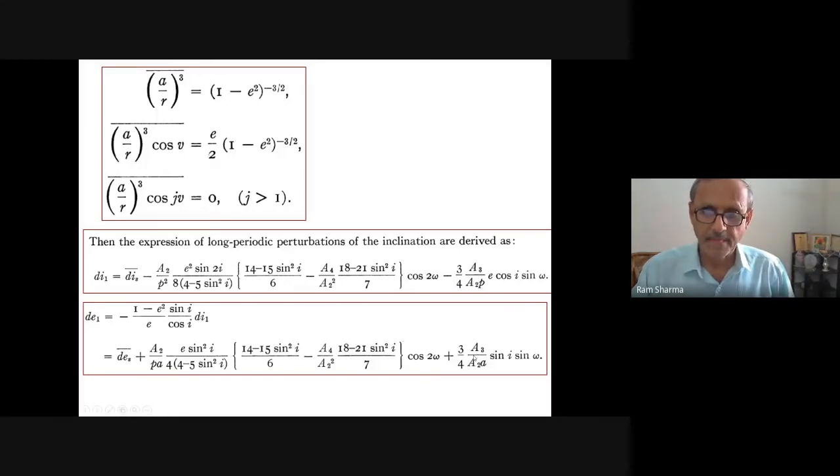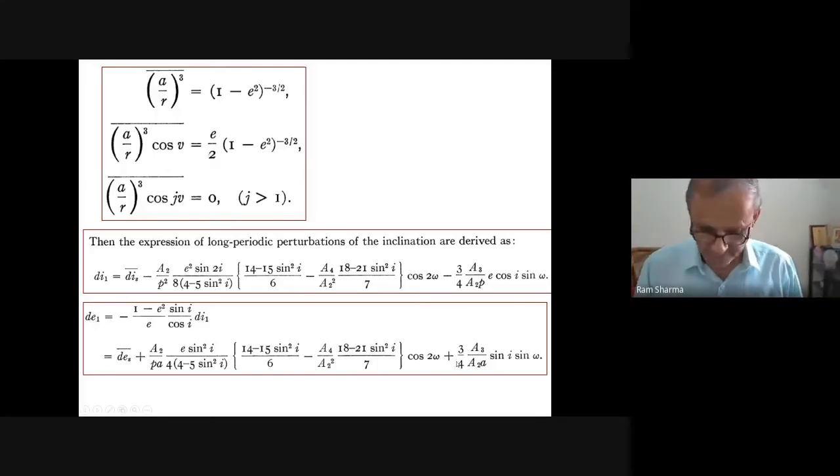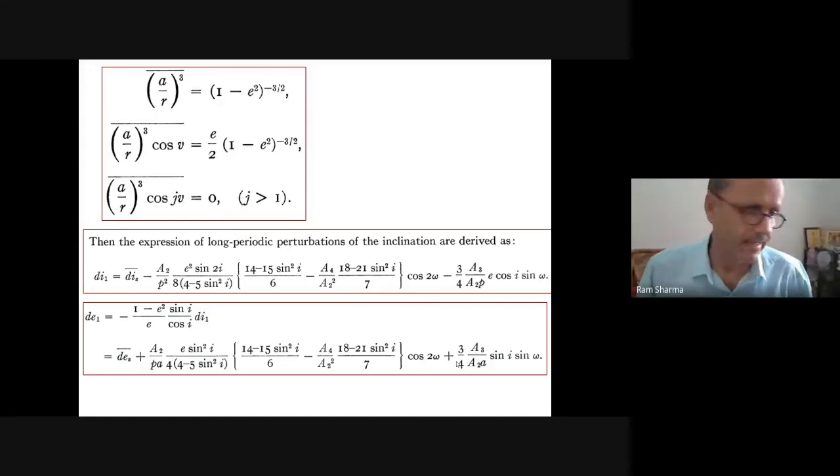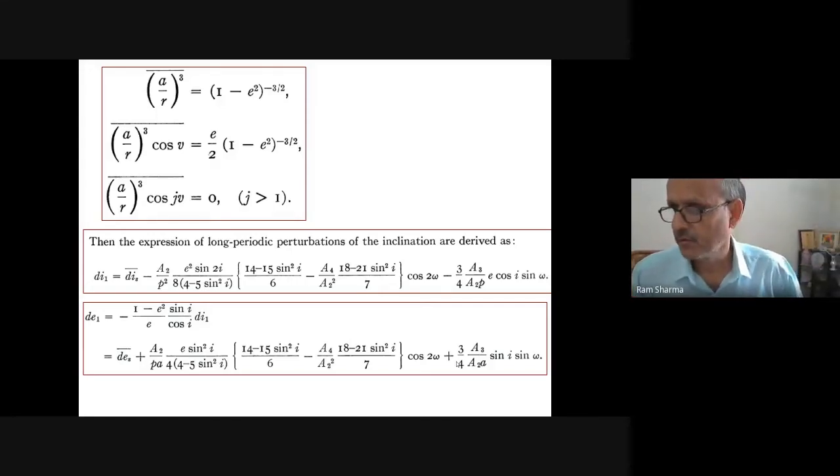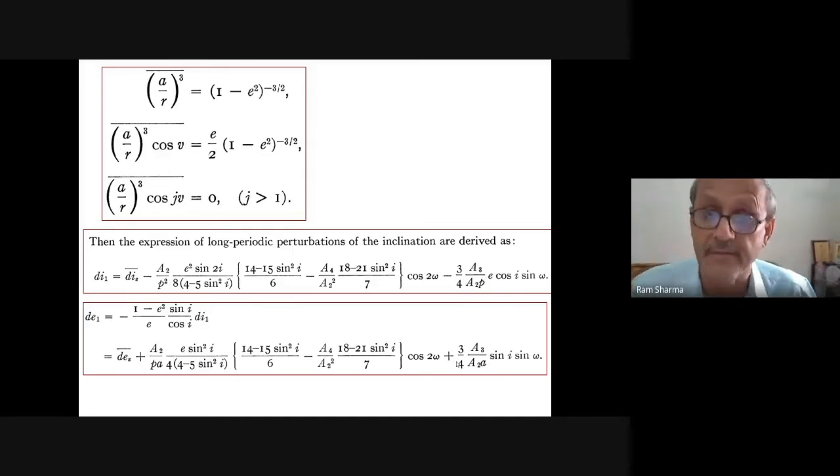You see A3. King-Hele, today only I came to know Professor King-Hele died in December 2019. Actually, I will give one more lecture where I will show his work. He did in 1958 a paper similar to this, but not by this method. He used another method.